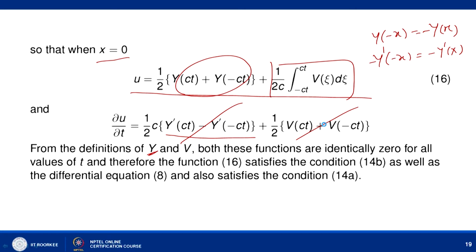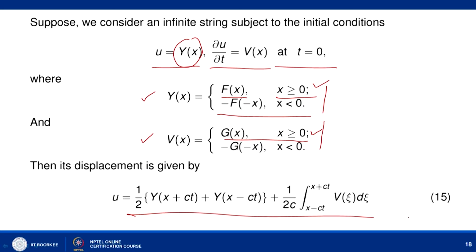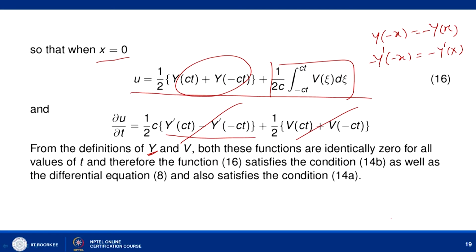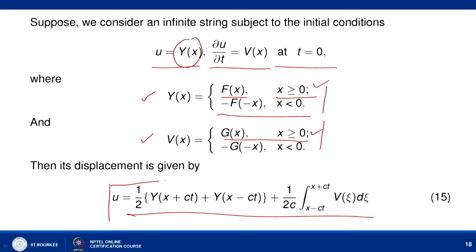So, the solution given by equation number 15 will satisfy all the initial conditions and the boundary condition given at x equal to 0. And so, we can take the solution given in 15 as a solution of the semi-infinite problem, and in this way our D'Alembert solution is still applicable for the semi-infinite problem as well.